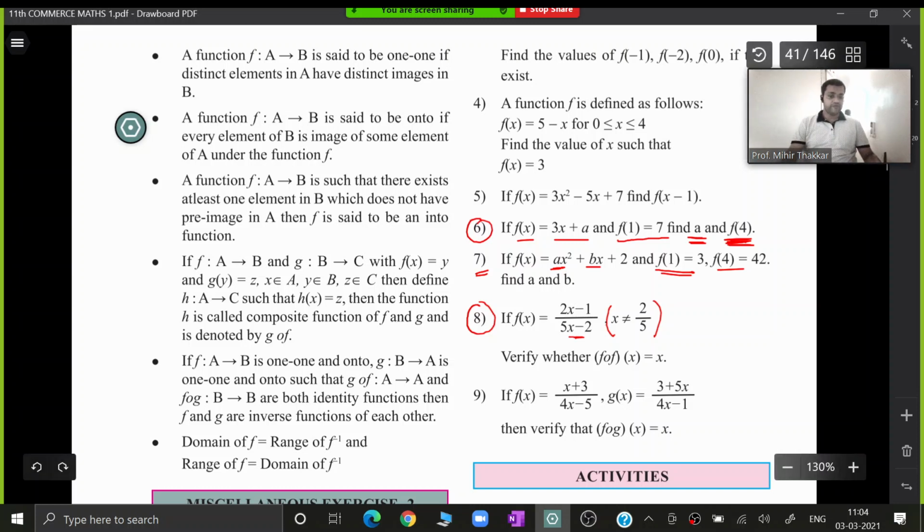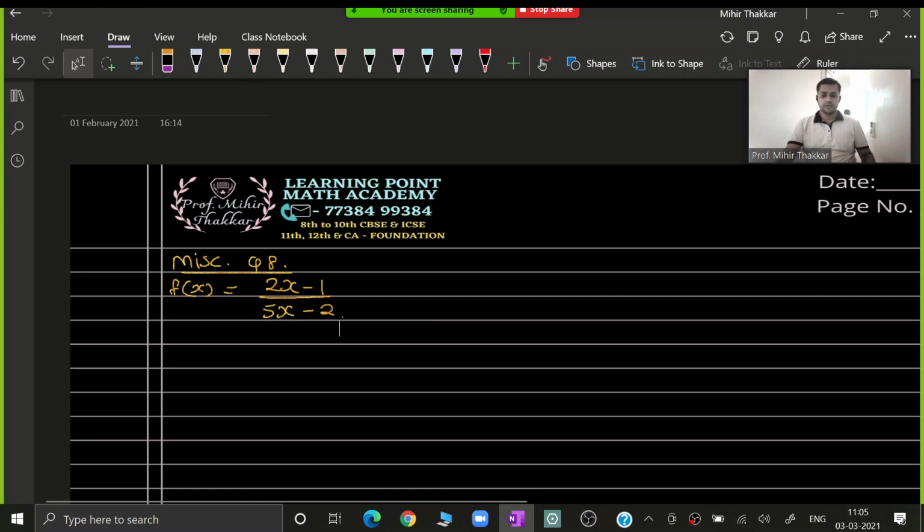So here you have to verify whether f of f(x) comes out to be equal to x or not. So let us check. f(x) is (2x minus 1) upon (5x minus 2). That is our question. And we have to show that the composite function f of f(x) comes out to be equal to x.